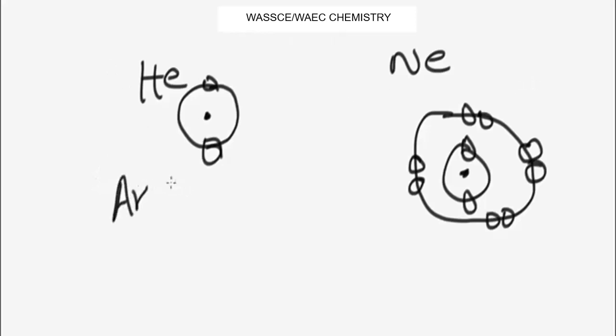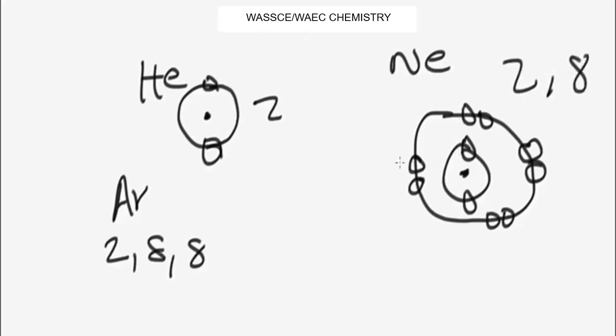When you draw the atomic structure of argon, the third shell will be completely filled with 8 electrons because argon has atomic number 18. So the electron configuration of argon will be 2, 8, 8. This one is just 2, and this one is 2 and 8. Because their atomic shell is completely filled with electrons, the elements are said to be stable.